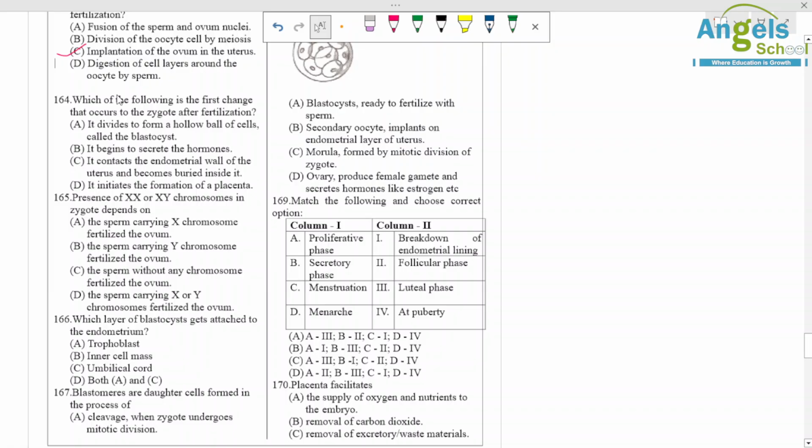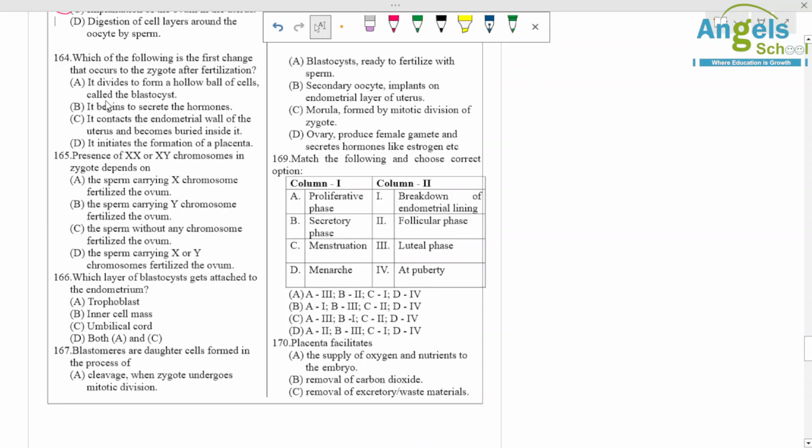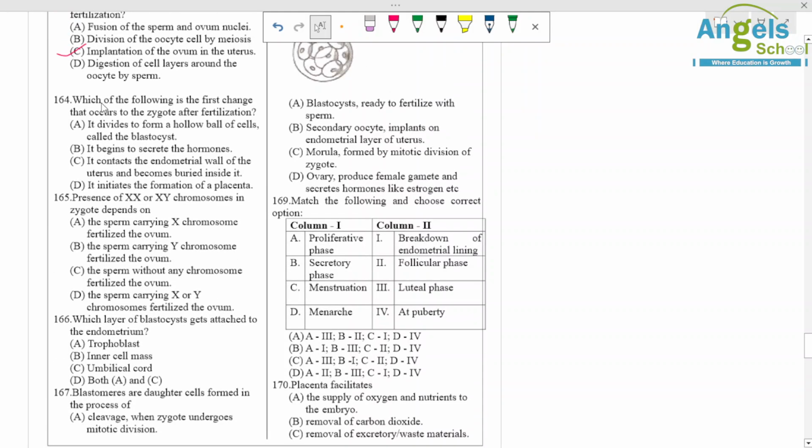It contacts the endometrium wall of uterus and becomes buried inside. It initiates the formation of placenta. Okay, so after fertilization, hollow ball, that is morula stage, and then blastocyst starts. So option 1 is correct option.